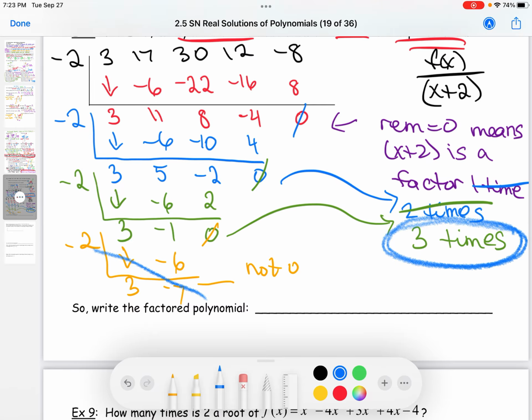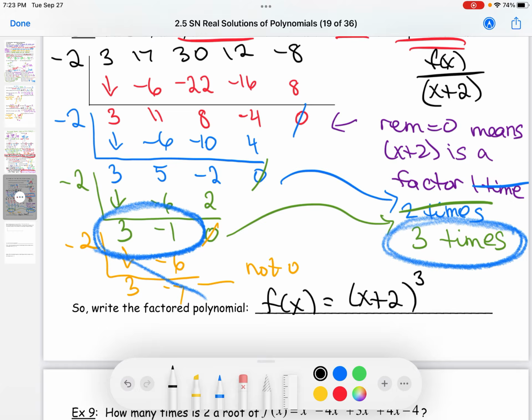Now, writing the factored form from this process. We know that x plus 2 was a factor 3 times. To get the other factor from this method, we use the last division that worked, which would be here.